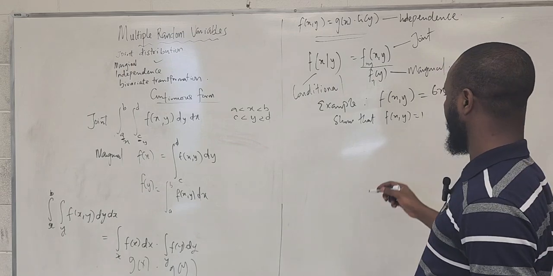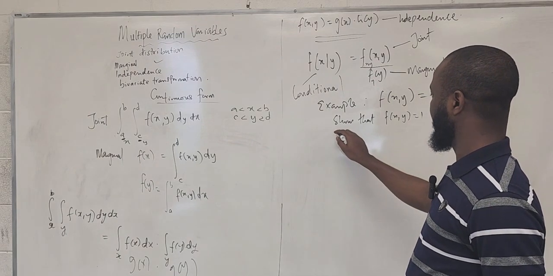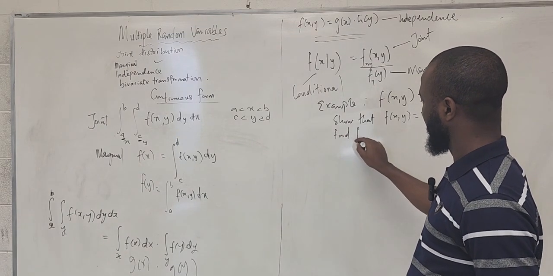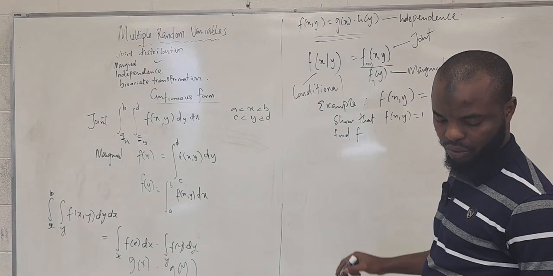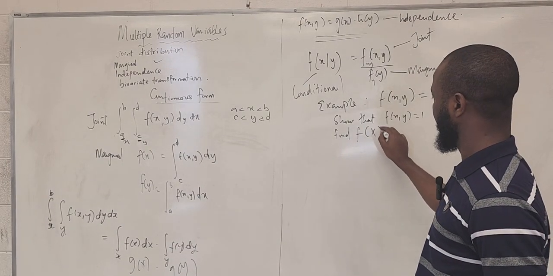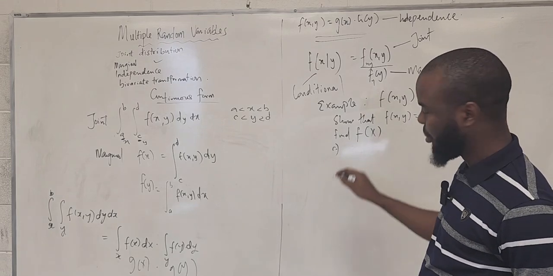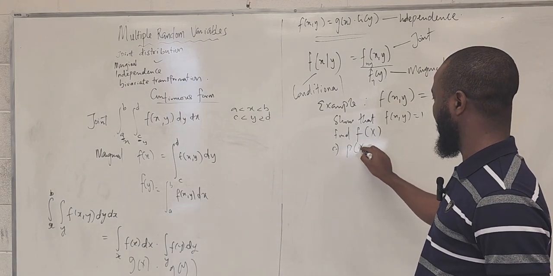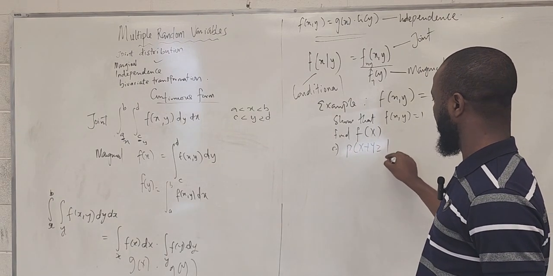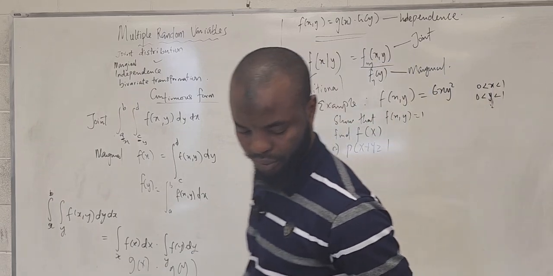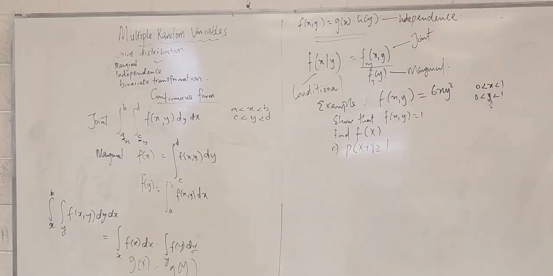And then you find your f of x, and the probability that x plus y is greater than or equal to 1. So these are the things we need to show.